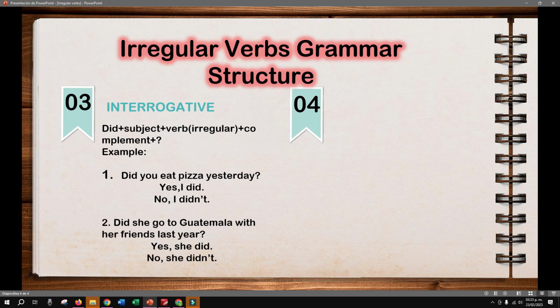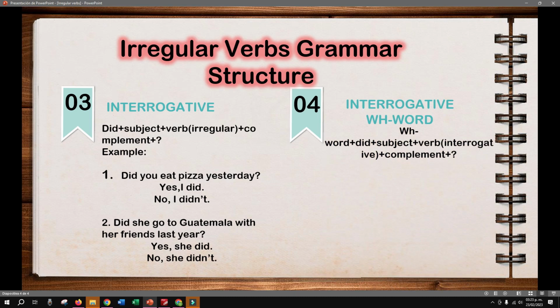So, what about the interrogative WH word questions, right? First, the WH word, then did, right? You need the auxiliary, the subject, the verb in the base form, and then the complement and question mark, right? So, for example, what did you eat yesterday?